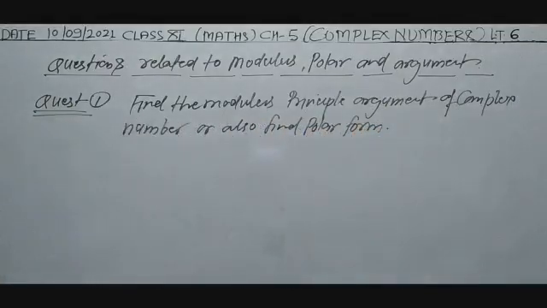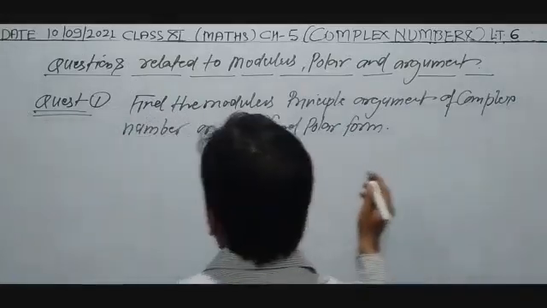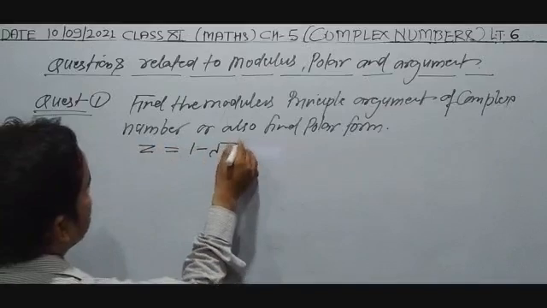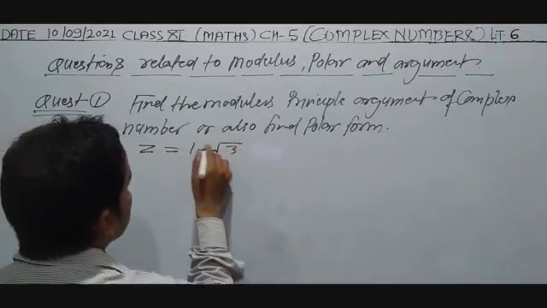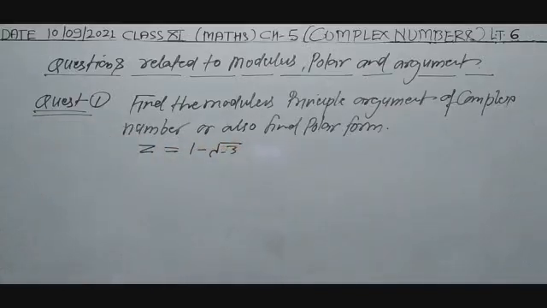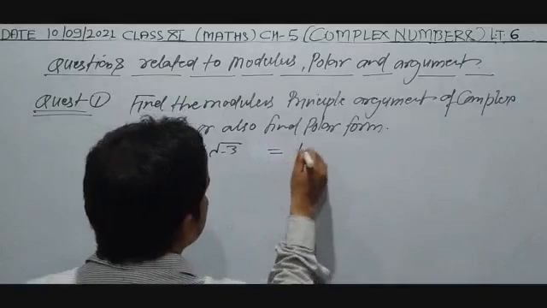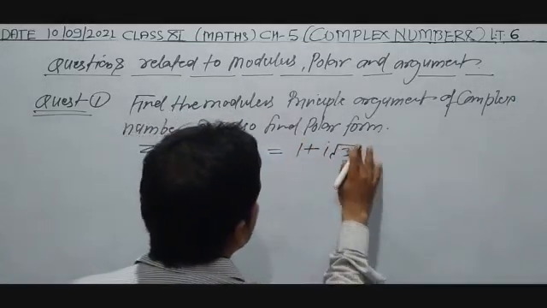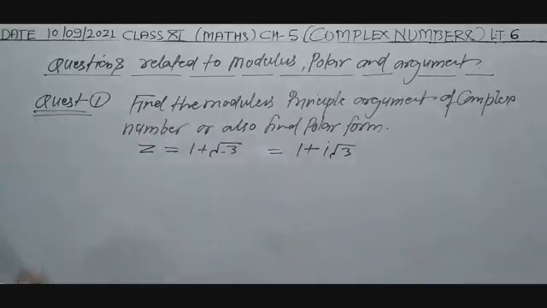The given complex number is z is equal to 1 minus root 3. This is given, so we can write this as 1 plus i root 3. Now this is the format of z.